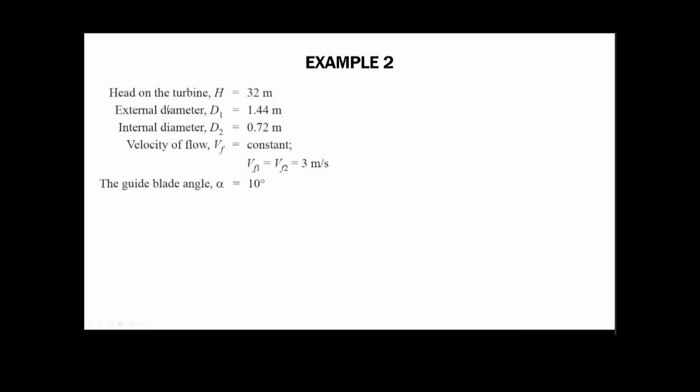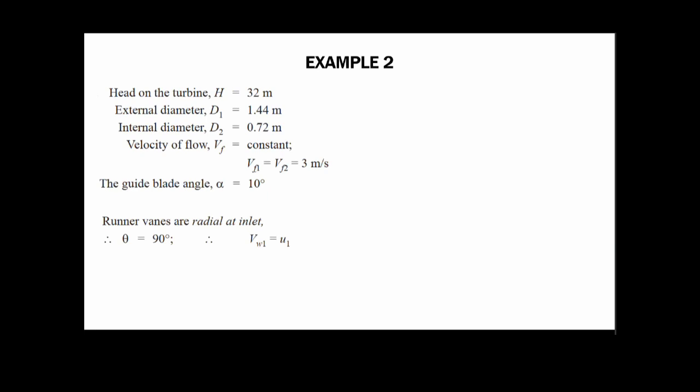We know that the head on the turbine is 32 meters. The external diameter is equal to 1.44 and the internal diameter is equal to 0.72 meters. And the velocity of flow at the inlet and outlet is constant, so instead of VF1, VF2, we can just simply put the velocity of flow as VF, equal to 3 meters per second.